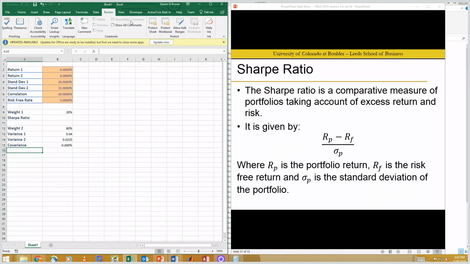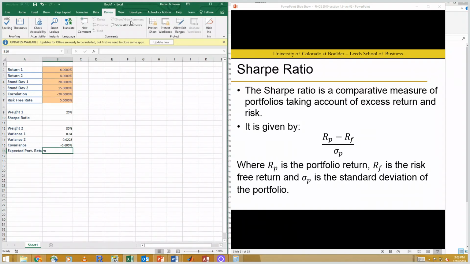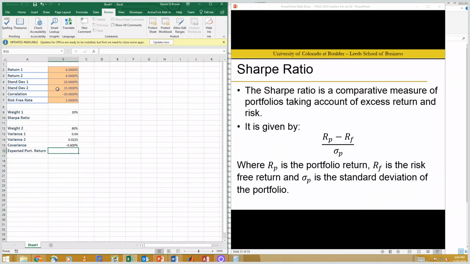I need to find the expected return. The expected portfolio return is weight 1 times return 1 plus weight 2 times return 2. I need to find the expected variance.